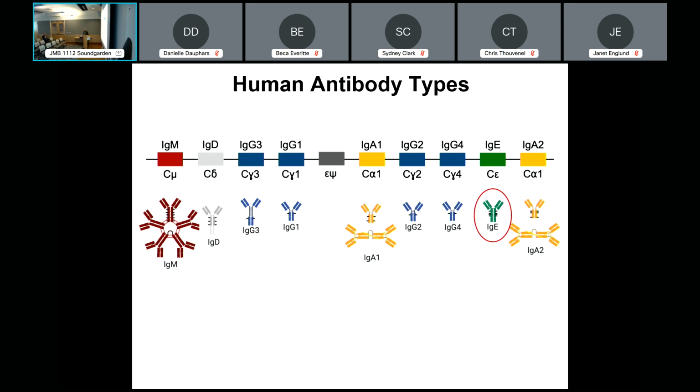Yes, thank you for reminding me to do that. So the question is, what happens when DC-SIGN is bound? DC-SIGN is expressed on macrophages and dendritic cells, and we don't know what's happening inside of the cell. That's one thing we're working on. Anna's project is to look at the signals and the gene expression profiles that are conveyed after ligation.